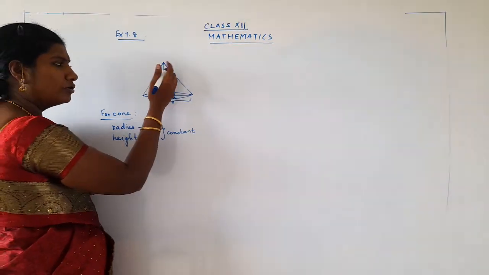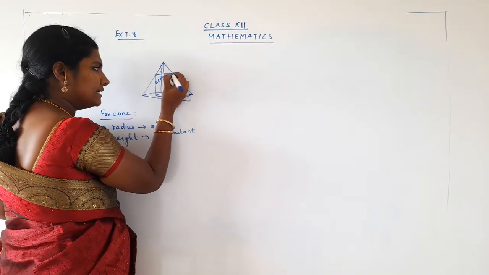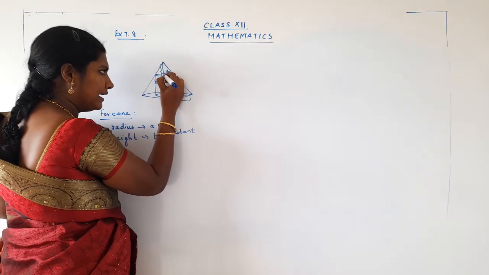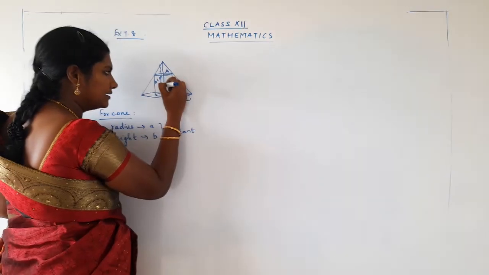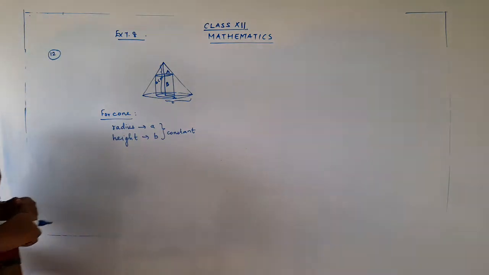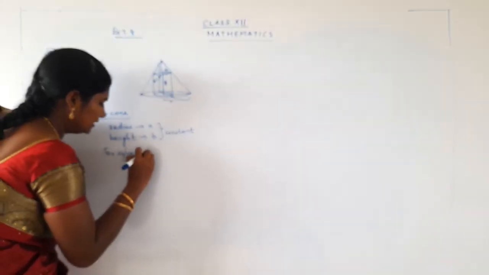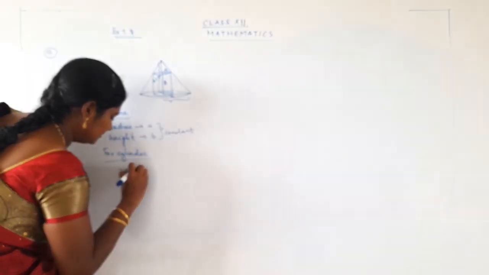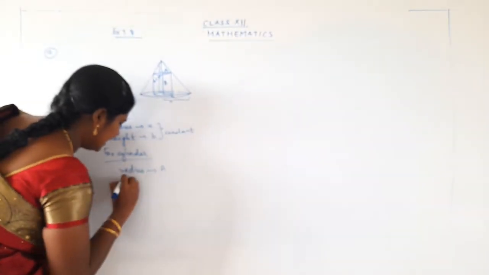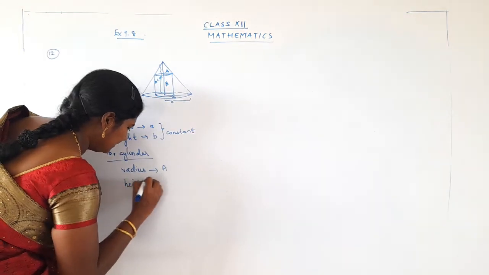Now I have to talk about the radius of the cylinder. I will take this as small a and the height of the cylinder as small b. For the cylinder, the radius is a and the height is b.